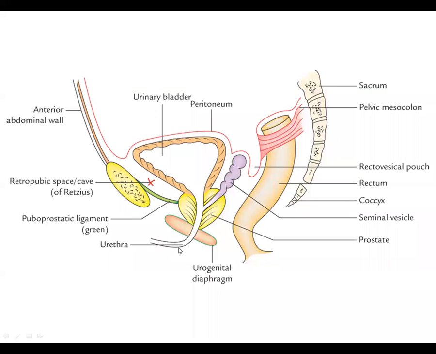And this external sphincter is controlled voluntarily, and this internal sphincter is involuntary. So there are two sphincters, internal urethral sphincter and external urethral sphincter. So this is about the male urinary bladder and male pelvis sagittal section.